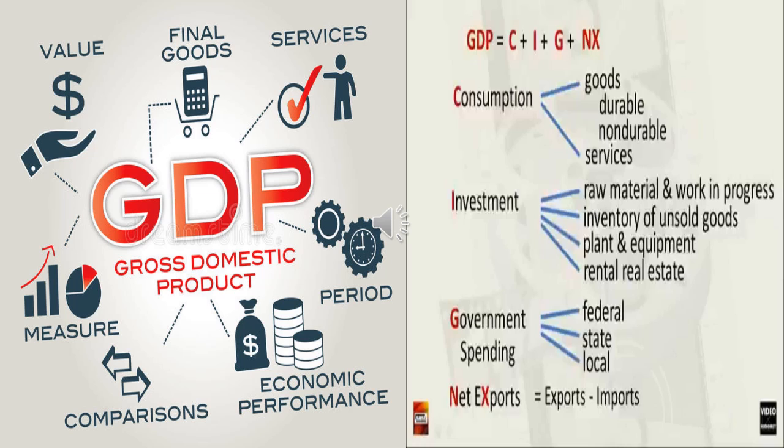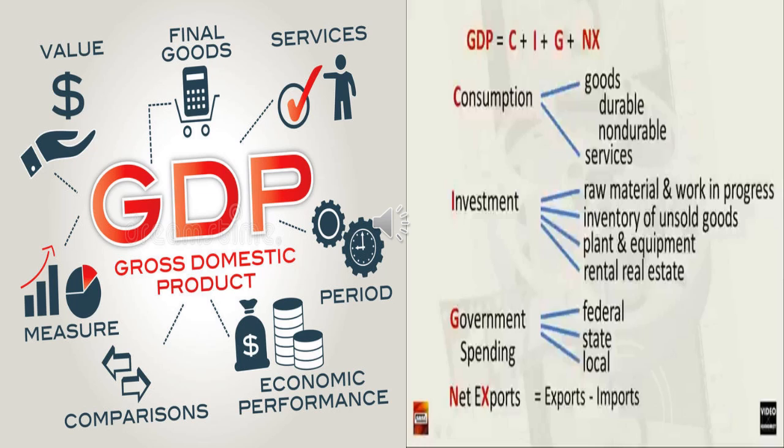But the service is the shopkeeper who sells the thing to you, and the farmer who cultivated it, whom you don't know. You paid the amount for both the good and the service, for the vegetable that you touch and also the service provided by the shopkeeper and the farmer. So you are paying for both goods and services. The GDP is the market value of all the final goods and services produced in the country during a time period.